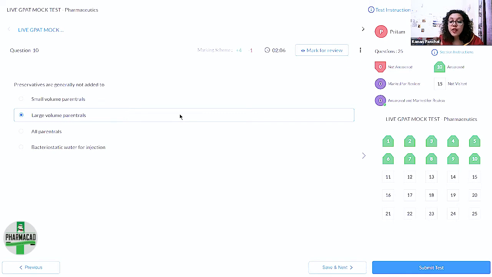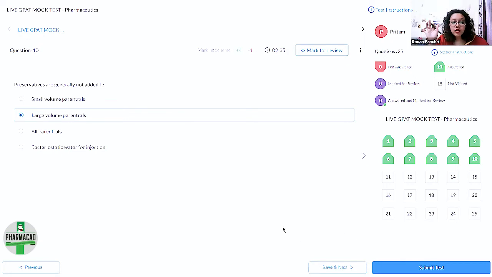Hence in LVP you won't use preservatives, and second, in single dose use you won't use. Okay, in single dosage ones you won't use. Agree to this? Any doubts? I'm sorry for the confusion earlier. Yes, ma'am. No problem. All right.